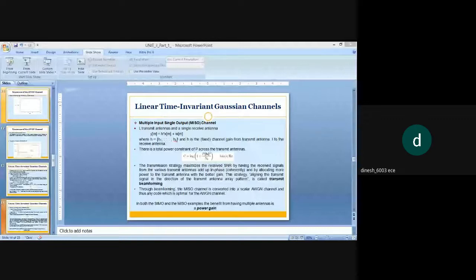So the capacity of such a channel is known, and the capacity achieving power allocation is done through the water filling scheme over both time and frequency.